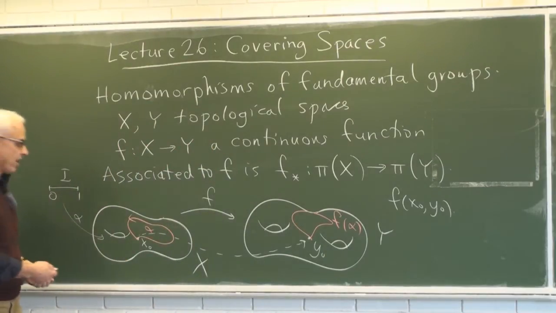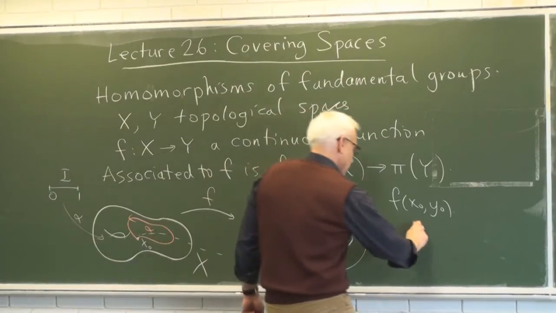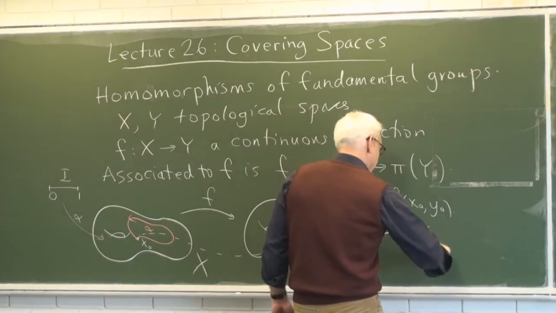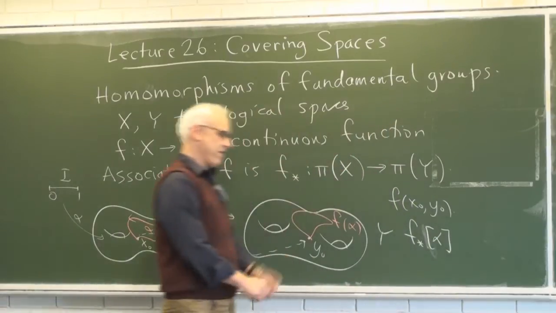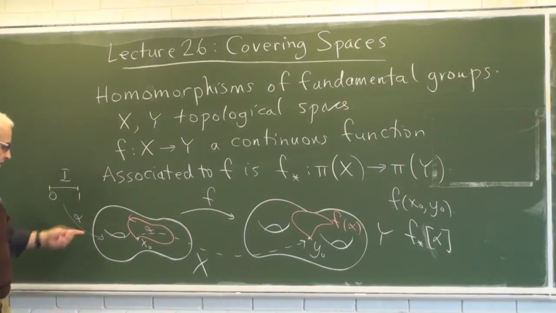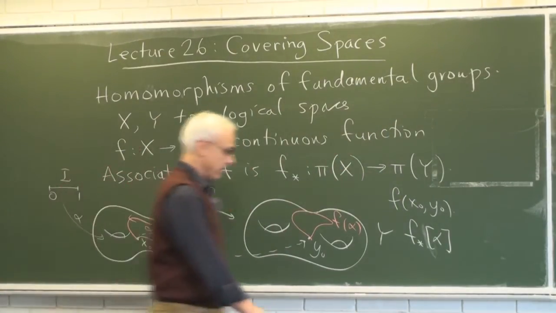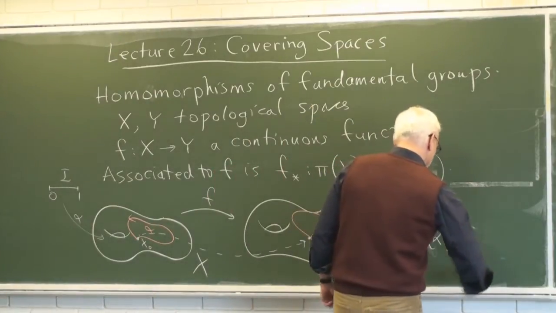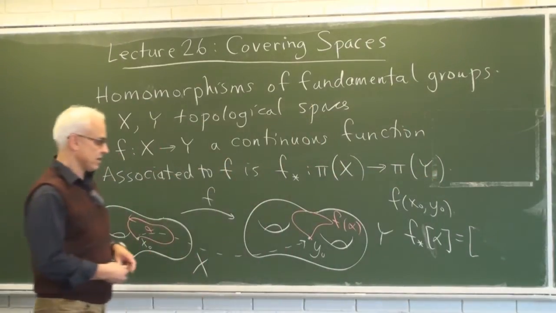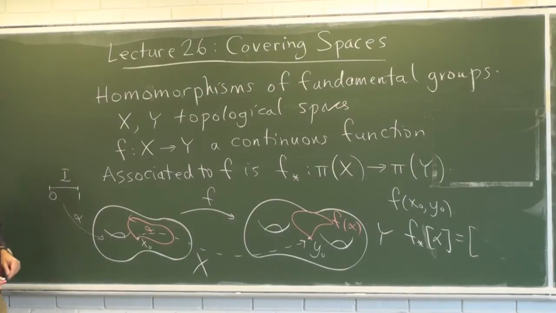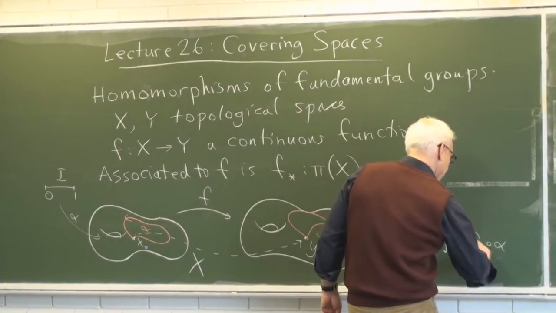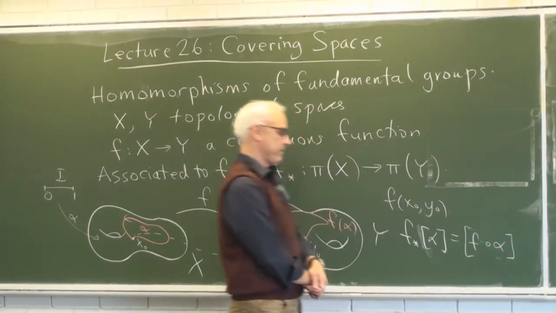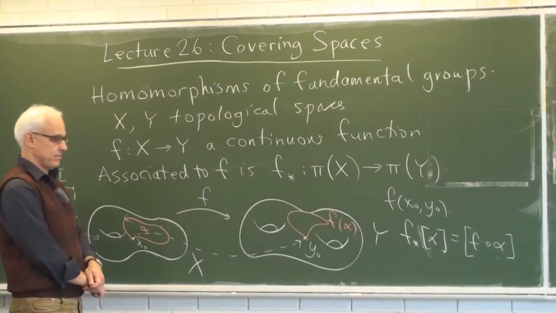So the rule is that f star of, maybe I'll just write the class of alpha, f star of the class of alpha is by definition the class of the composite map where we apply alpha and then f. Maybe if we write composites like this, we'd write it like that.